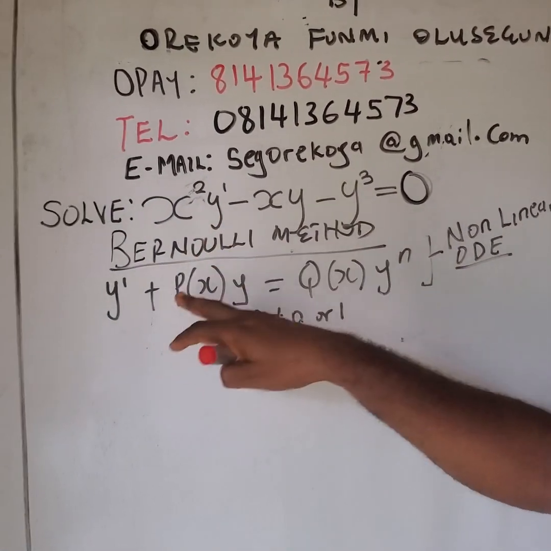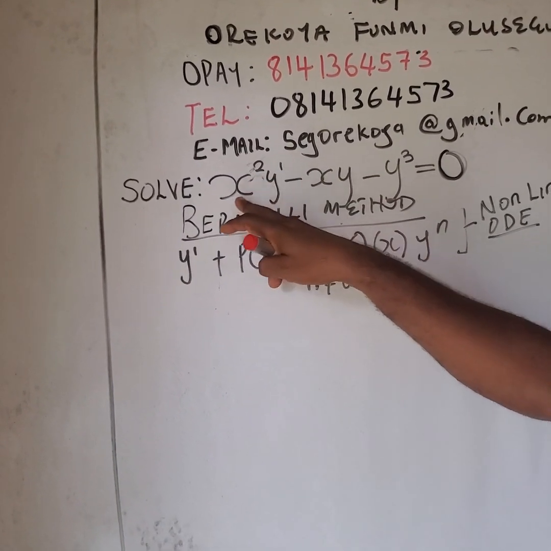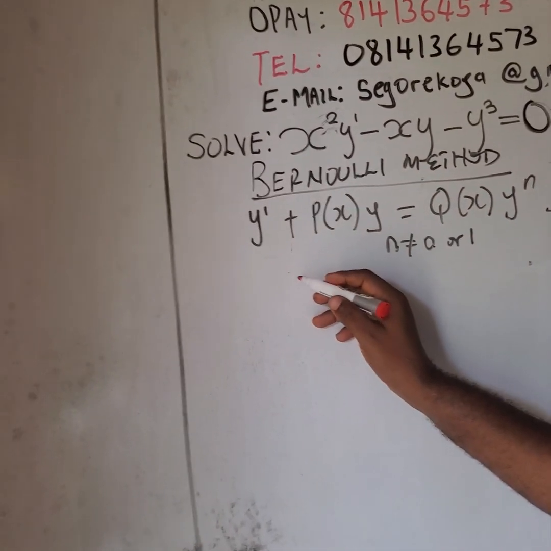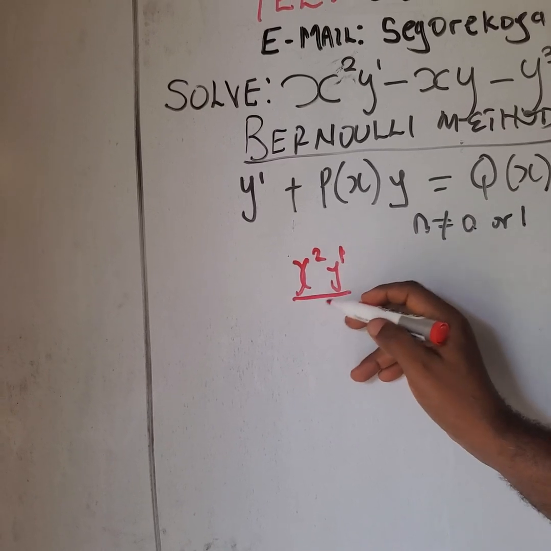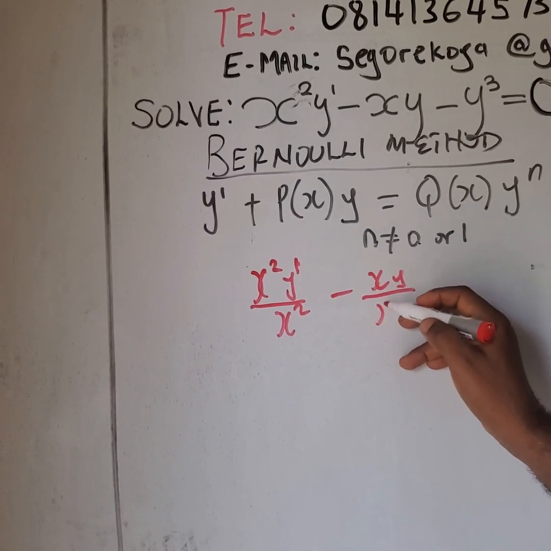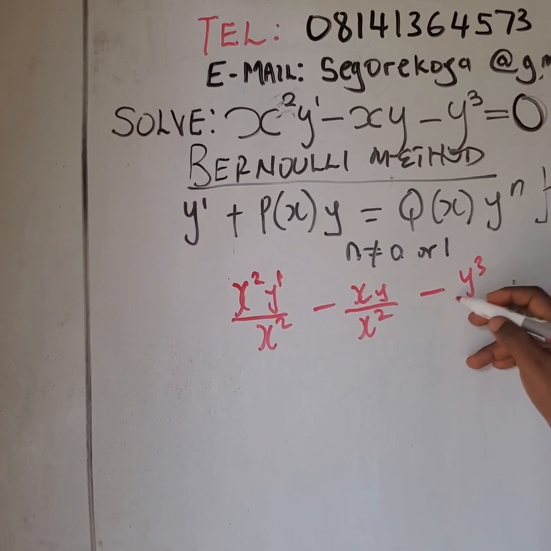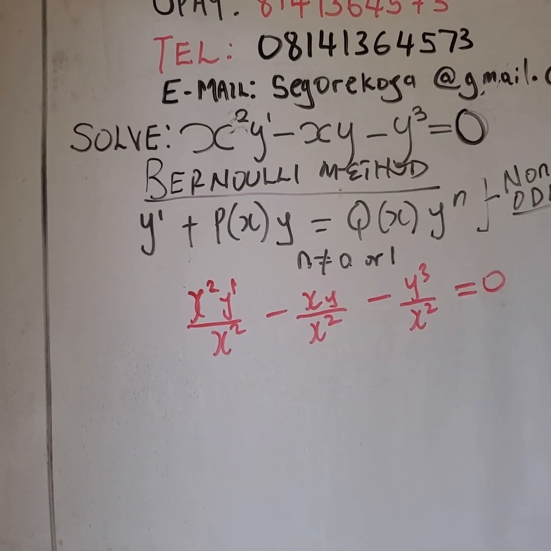What do we do? Here we have y prime. Here we have y prime times s squared. So that means we need to divide through by s squared. So dividing through by s squared, we have s squared y prime divided by s squared minus sy divided by s squared minus y cube divided by s squared is equal to 0.